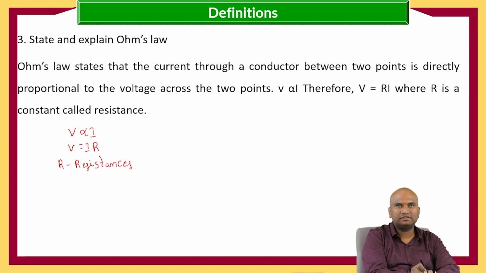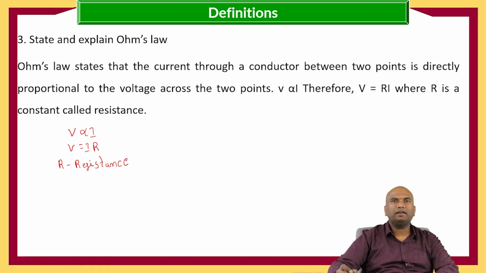Resistance is defined as the property of a material which opposes the flow of electrons. That is called resistance.